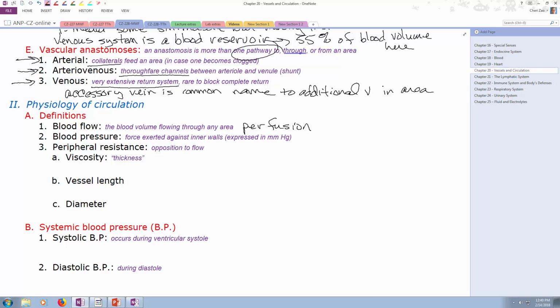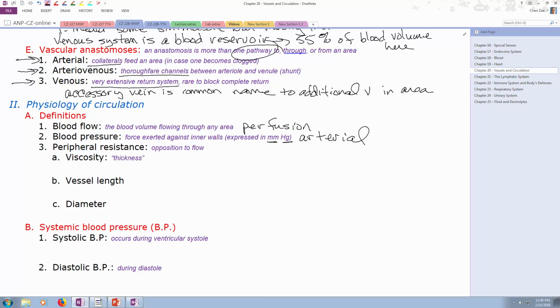Blood pressure. Well, what is blood pressure? Blood pressure is the actual force exerted or felt by the inner walls of the blood vessel expressed in millimeters of mercury. And the blood vessels that we are talking about are the arterial side whenever we do our blood pressures. We're interested in the arterial pressure because arterial pressure tells you everything about perfusion, doesn't it?